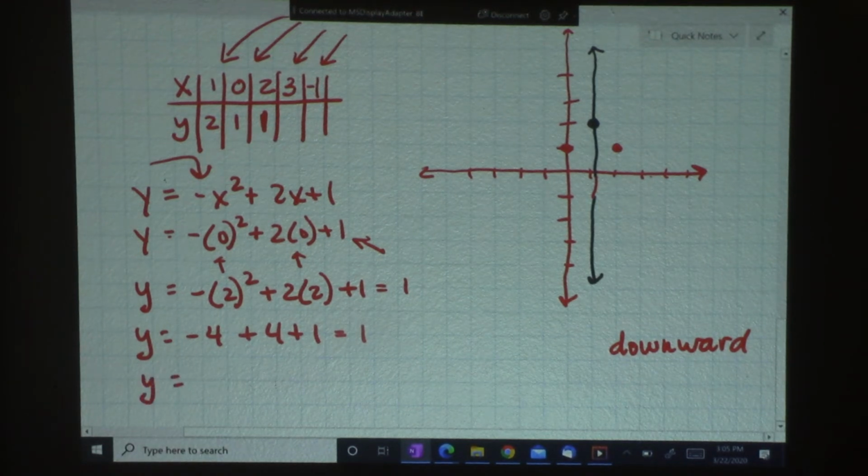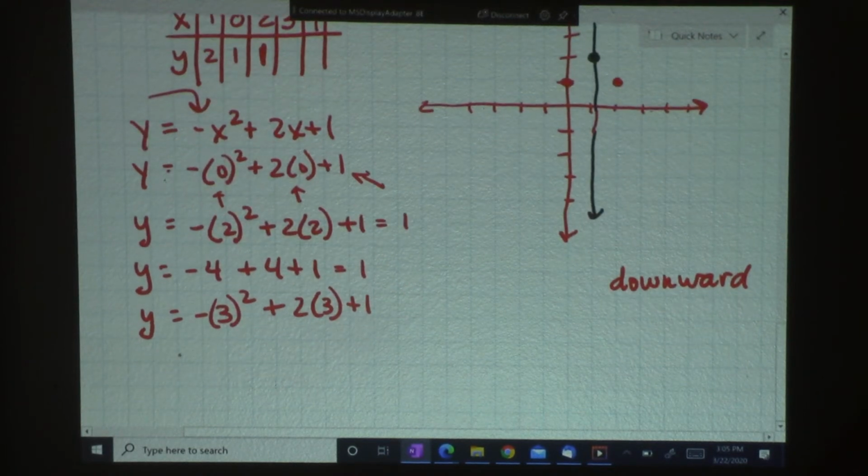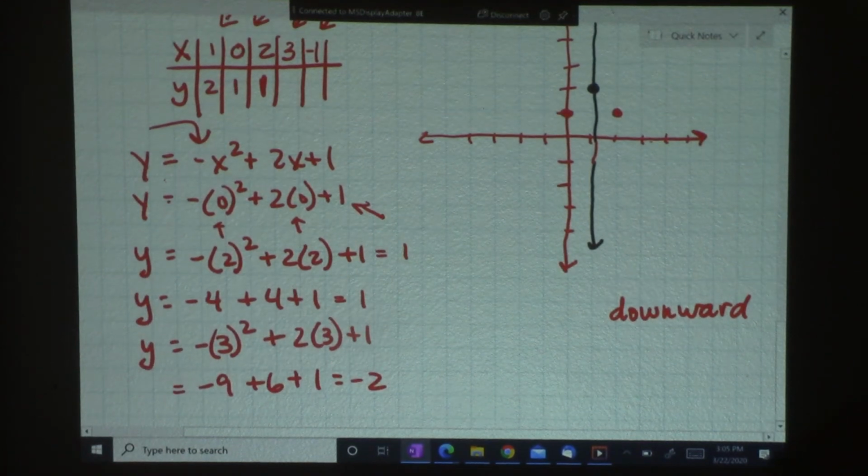So let's put 3 in. -3 squared plus 2 times 3 plus 1. This becomes -9 plus 6 plus 1 is -2. Okay, so 3 is -2. So I'm going to go down here. Now we talked about this in class.